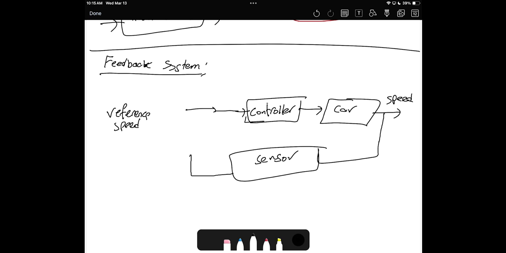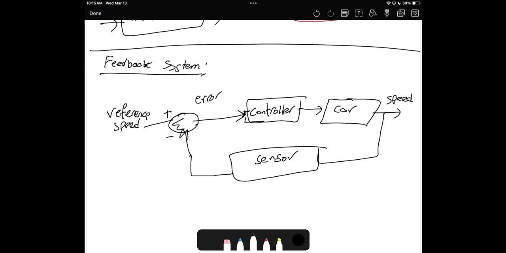Therefore, how can you monitor whether your speed is within your reference or not? Then you need to subtract, plus minus, to get the speed error. Then it will go back to your controller. So your target is to make the error as low as possible, to make it 0. That's my target. The same thing happens with cruise control.